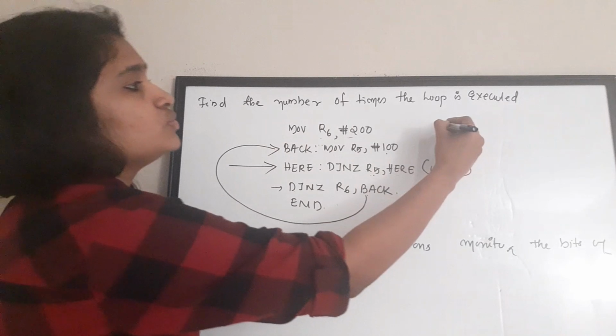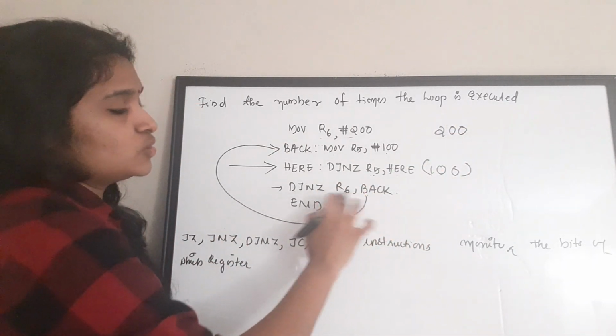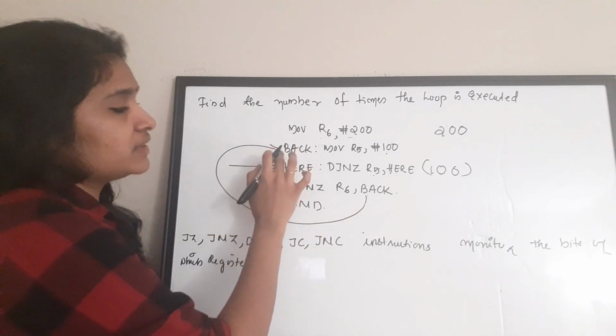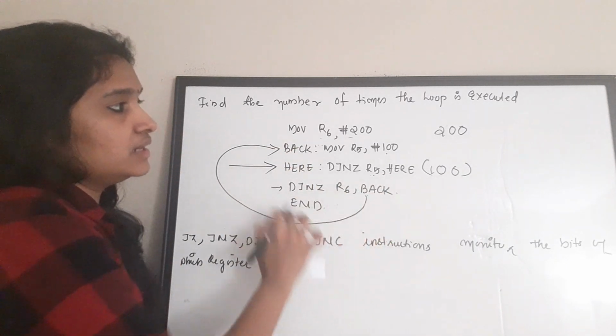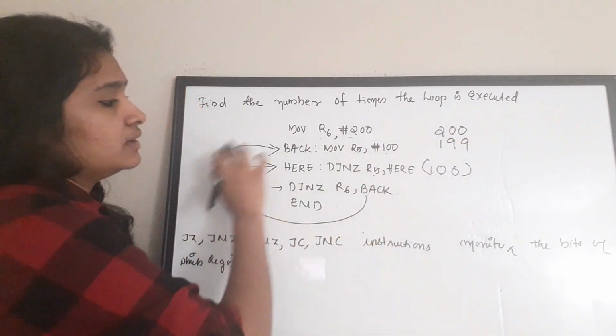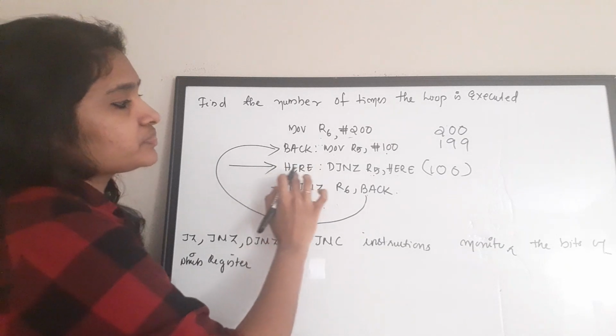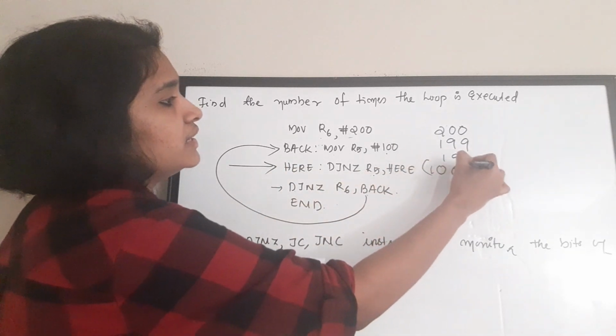That is, the first time it will be 200, then it will execute once and then go back here. Again it will execute this statement, then it will be 199, then again it will come here, execute this statement and then 198.